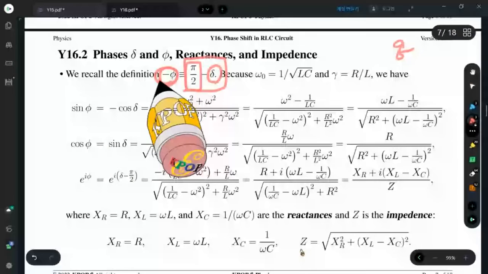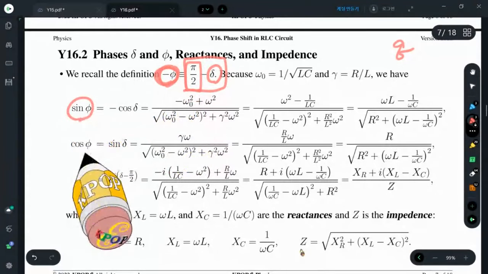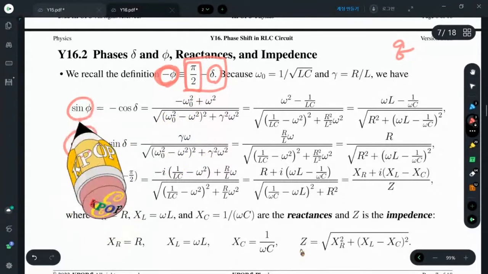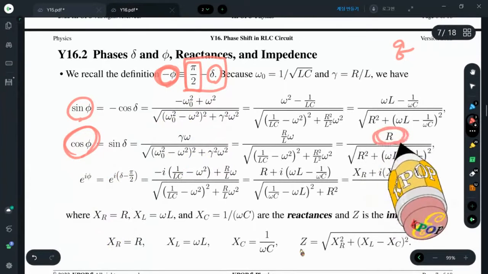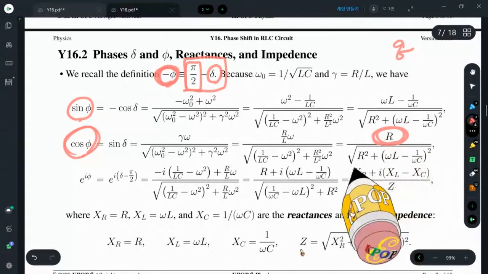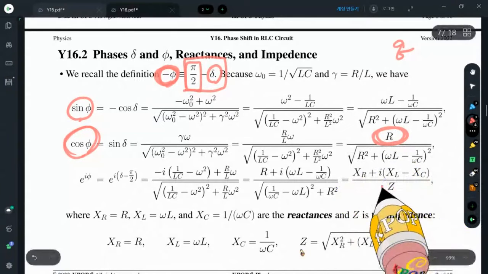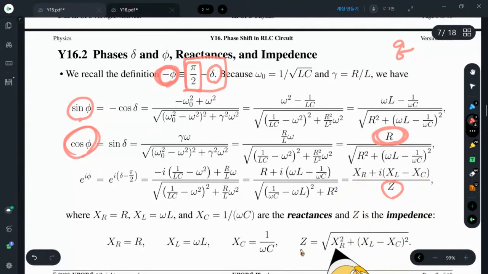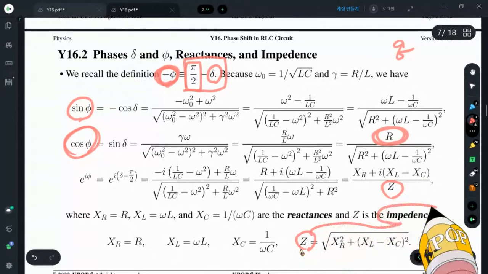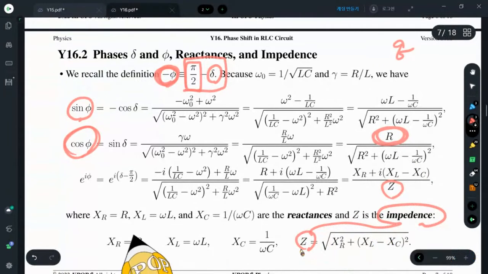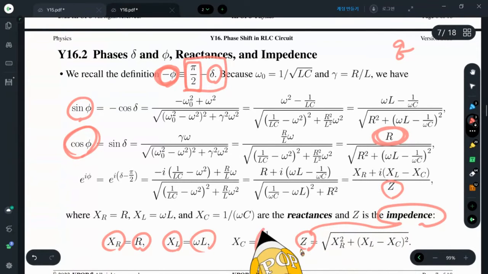Then this phase shift, cosine value or sine value, cosine is nothing but the real part ratio relative to the absolute value of this number. This is called the impedance. And what we call this XR, omega L, XL, 1 over omega C, XC, these are called reactances.